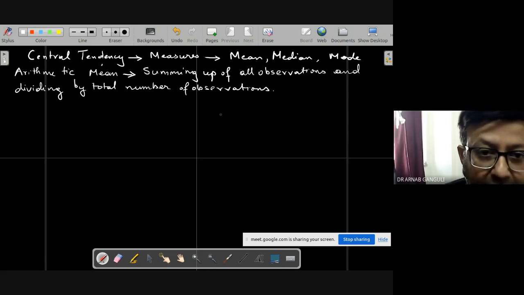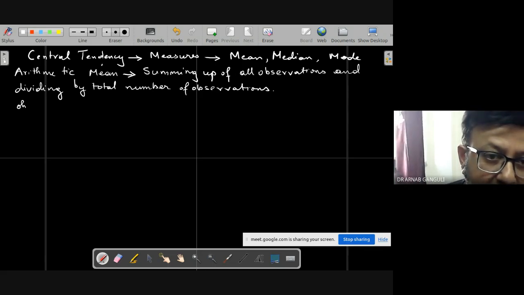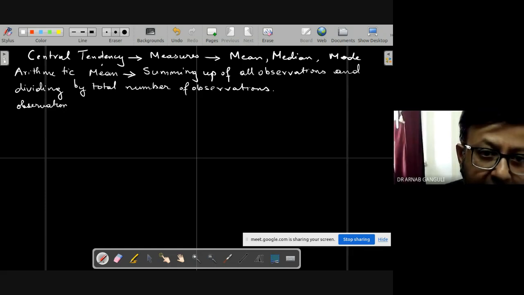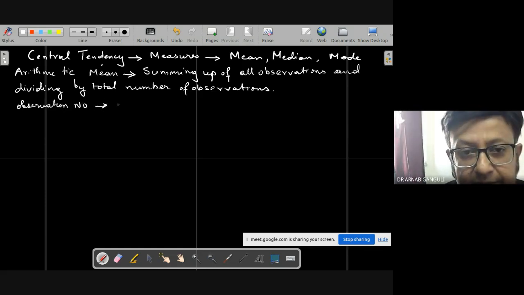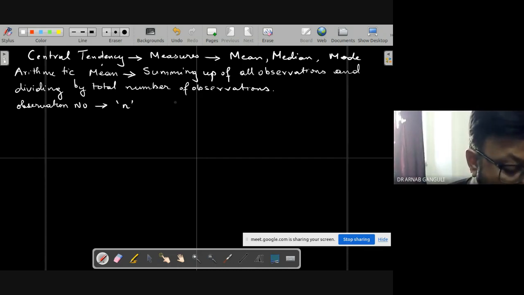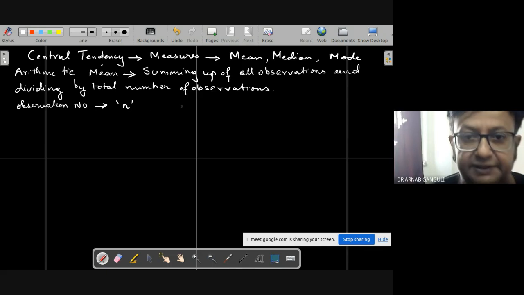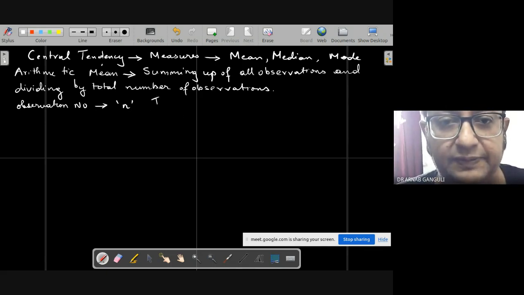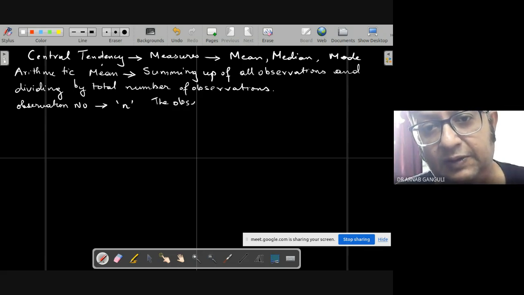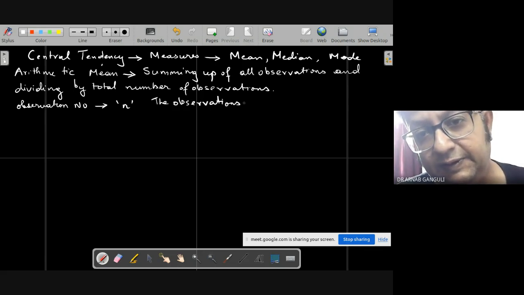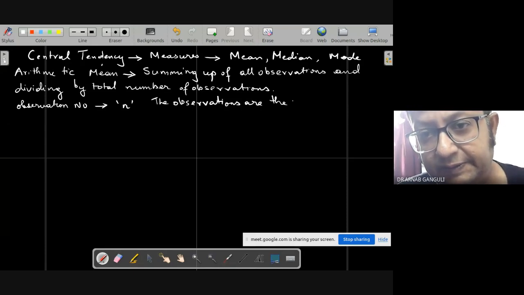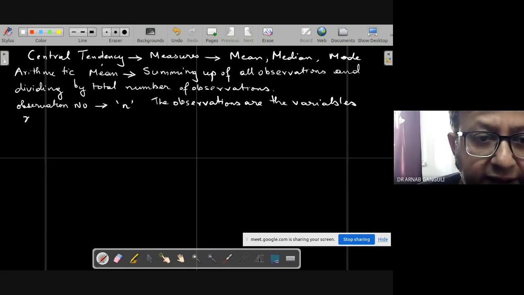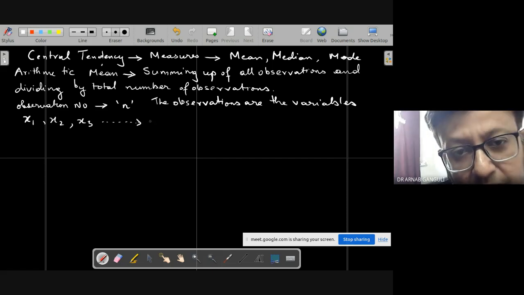So the total number of observations is represented by n, and the variables or the observations, which vary, are represented as x1, x2, x3, and so on up to xn.